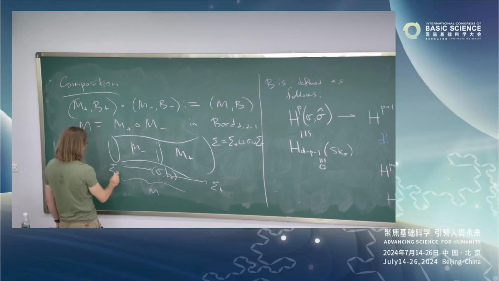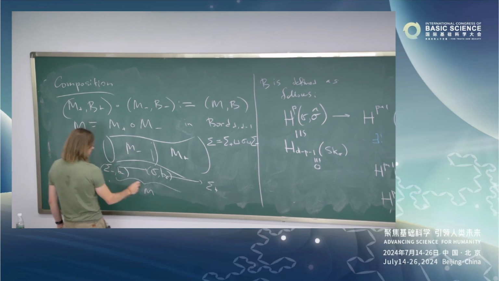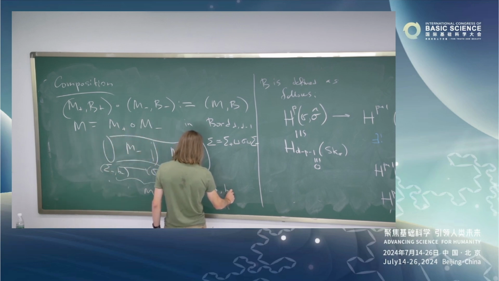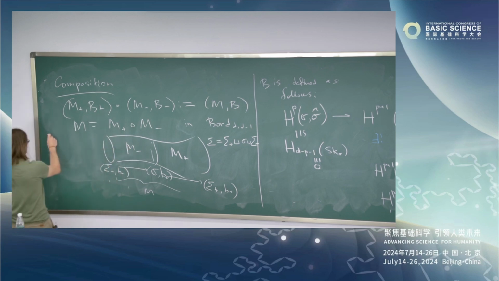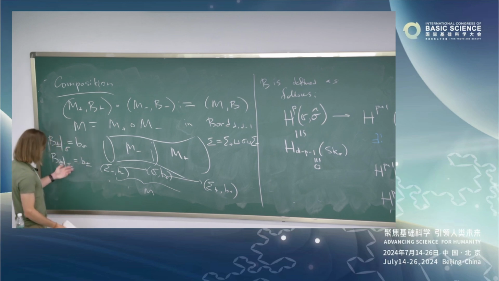Actually, an object in this bordism group will be decorated. Here we have B minus, here we have B plus, and so we have a condition: B plus restricted to sigma is B sigma, and B plus restricted to sigma minus is B minus. Yes, by restriction I mean pullbacks.